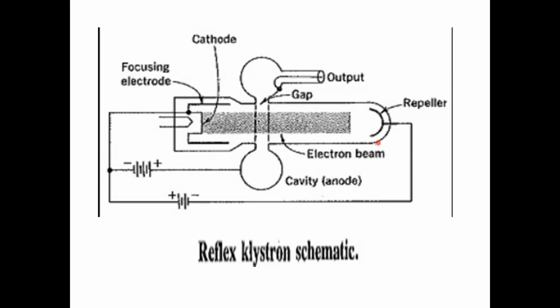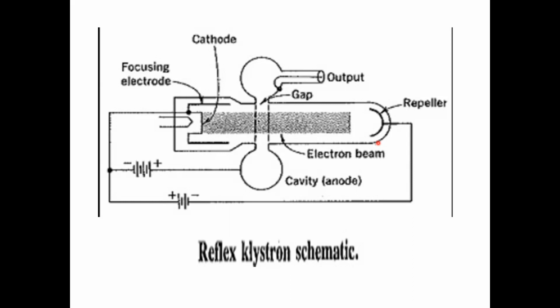So up to now, it is very clear what the names of the electrons participating in the reflex klystron operation are and what their behavior is with respect to velocity. Clear? Now come to the next step.